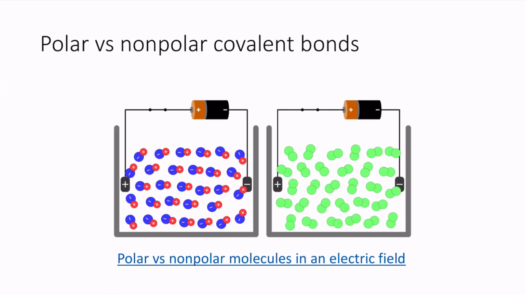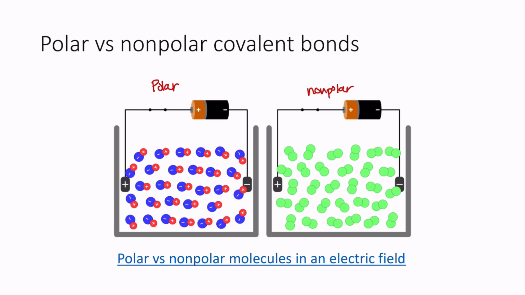When we look at polar versus nonpolar covalent bonds, in a polar bond, you're going to get two ends of a molecule. You're going to get a positive end and a negative end. In a nonpolar bond, since electrons are shared equally, we do not get those two ends.